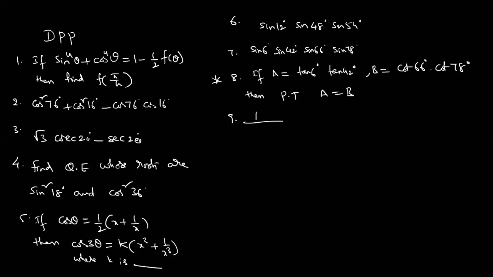Find 1 by cos 290 degrees plus 1 by root 3 into sine 250 degrees.